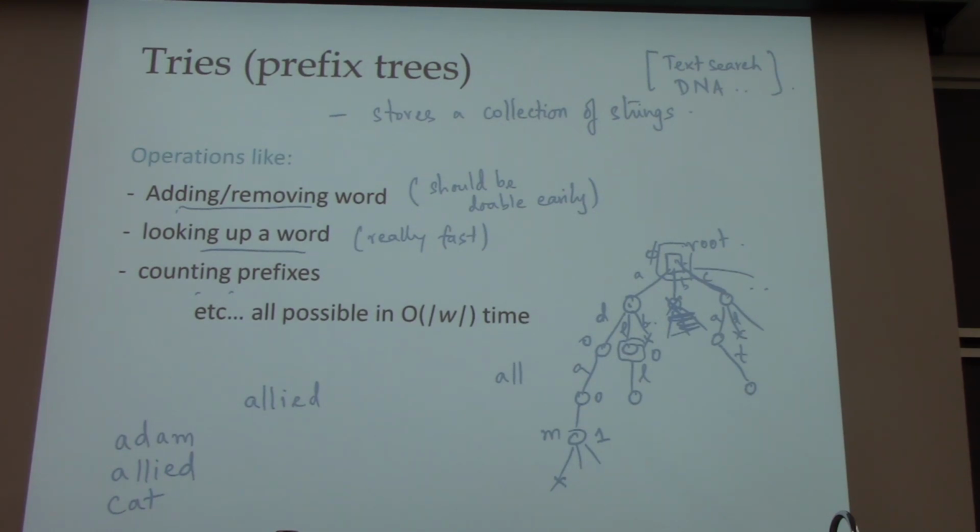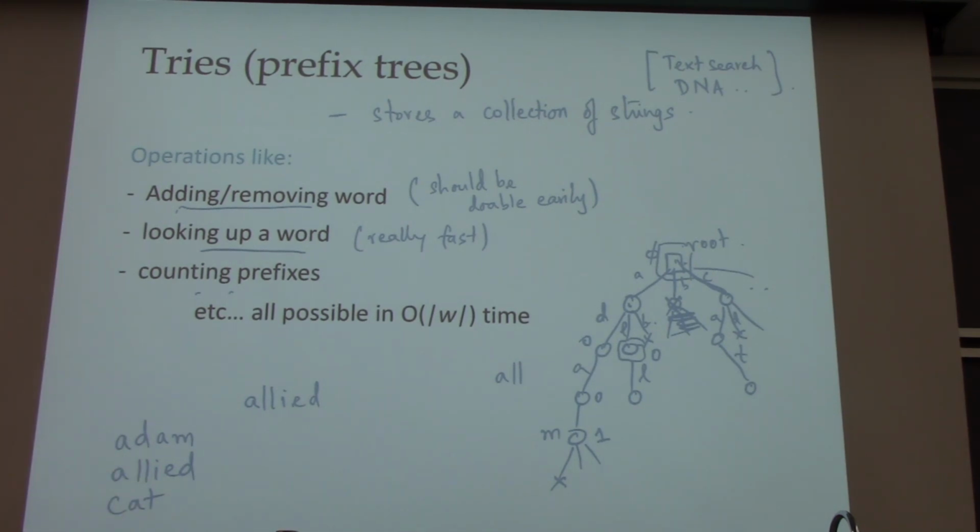Or you could have pairs of things that appear so commonly that you treat them as a new letter by itself. Then your query time could reduce, and that might actually save you space too. Let's not get into that, but this is the simplest form of a trie.